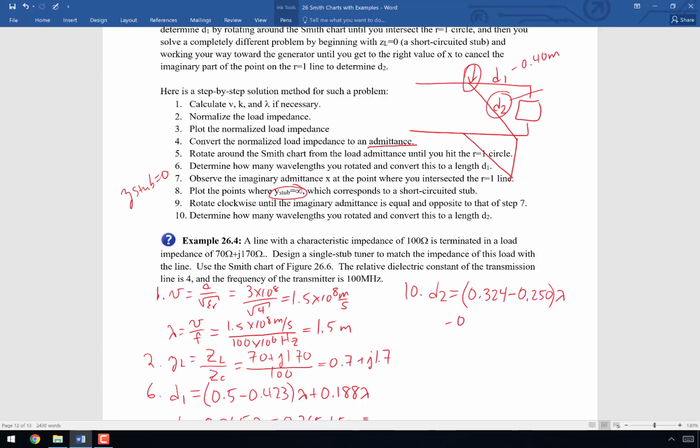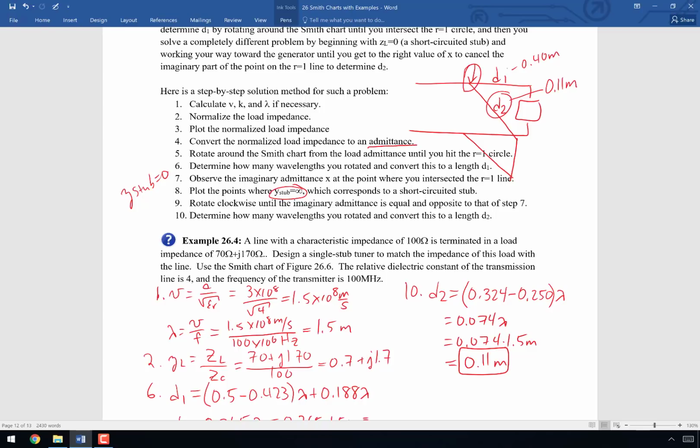This then is 0.074 lambda, which is 0.074 times 1.5 meters, which is 0.11 meters. And that allows us to see that D2 is going to be 0.11 meters.